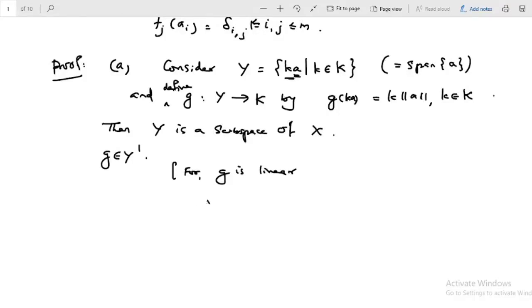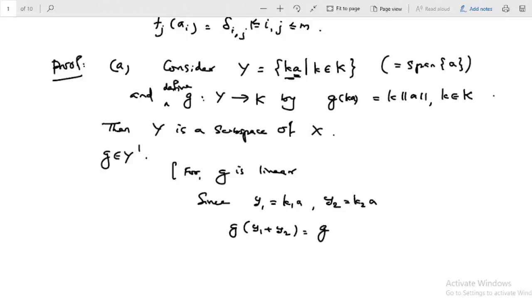For y1, y2 belonging to Y, y1 is equal to some k1a and y2 is equal to k2a in Y. G of y1 plus y2 is equal to G of k1a plus k2a.